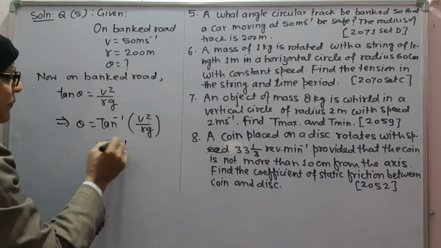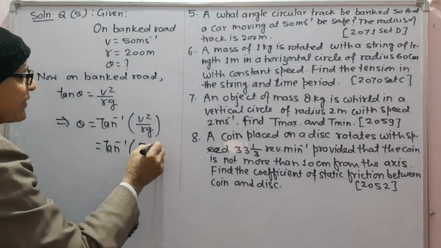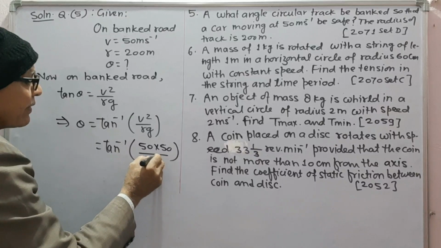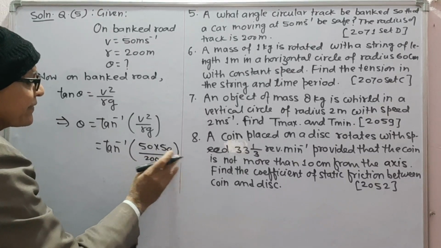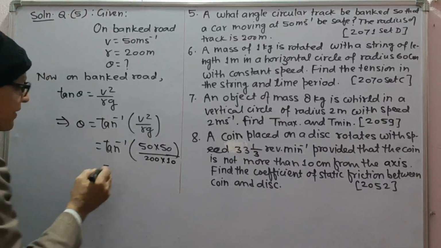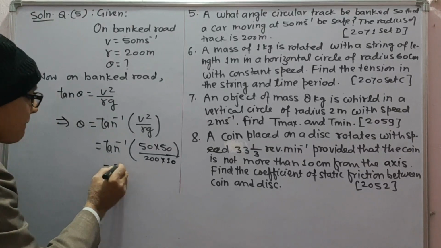Tan inverse, v is 50 square upon r is 200 into g is 10. So, theta comes to be 5.5 degree.